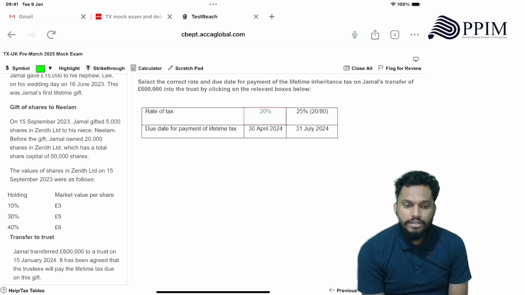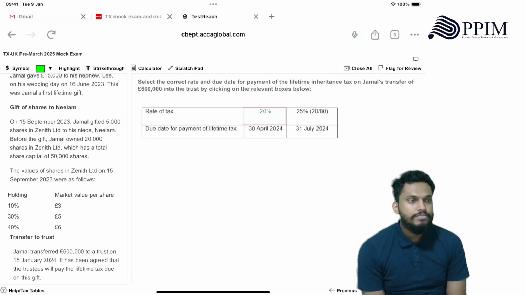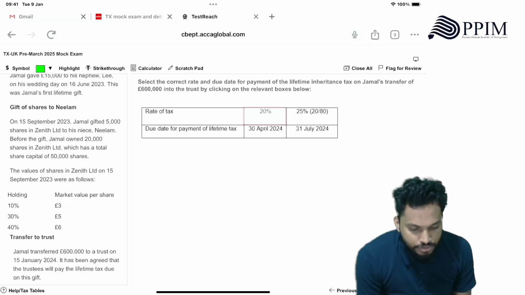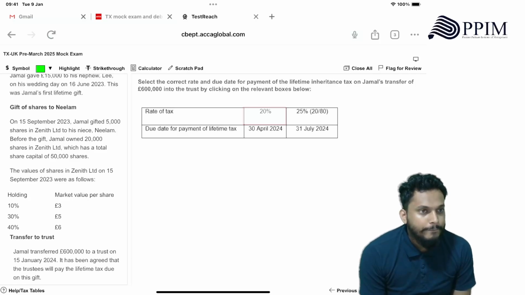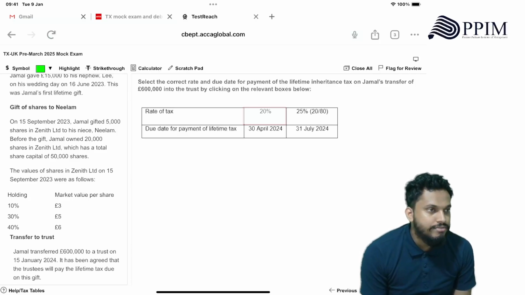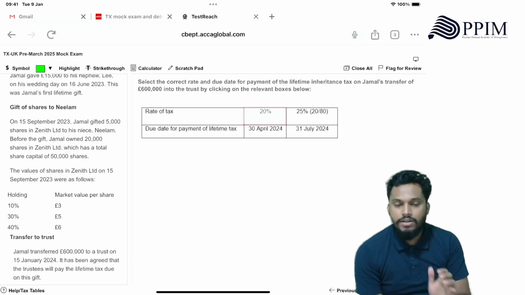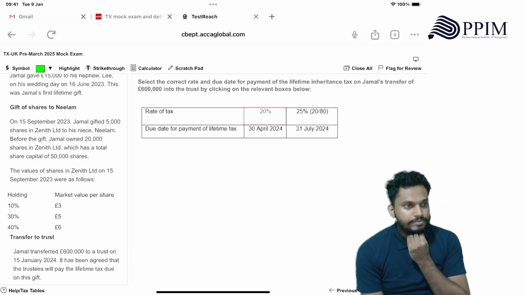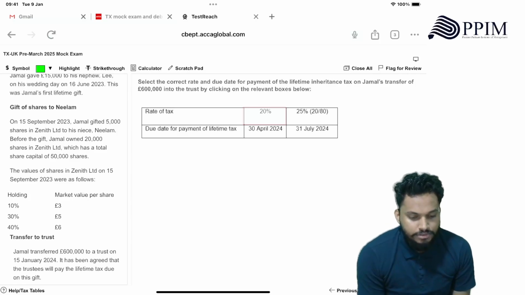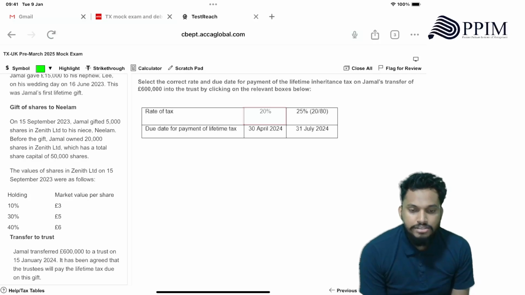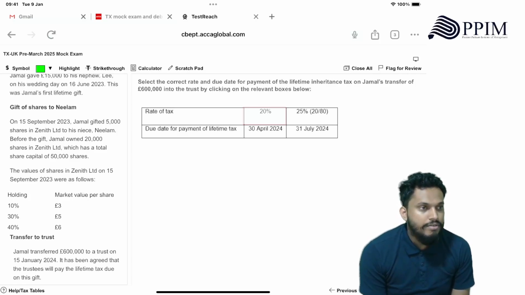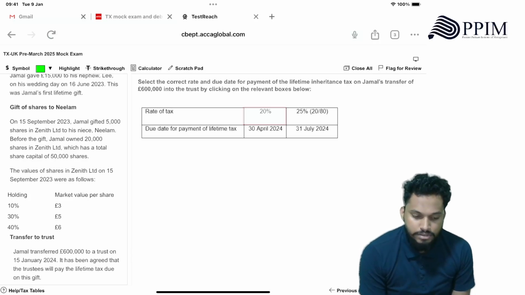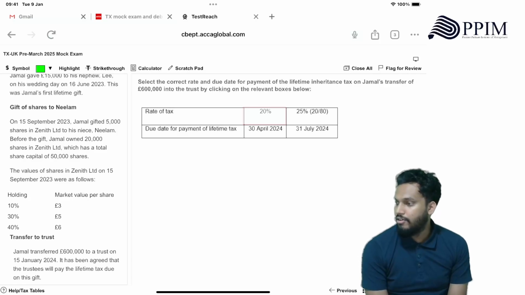However, due date for the payment of lifetime tax, how about 31st July? Is it 6 months from end of the gift or later of? What are the two things? Take down. It needs to be the later of 30th April after the tax year, or 6 months from end of the month of the gift.